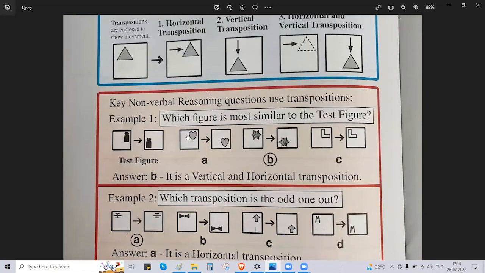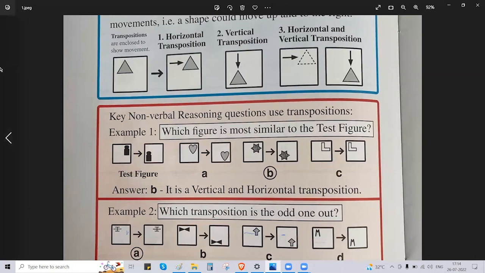Now let's try the second one. Okay. The second one, let's see. So it's moving just to the left. So the answer would be something that moves to the left. So the odd one out. You need to find the odd one out. So we can see all of these are going down, down, and down.